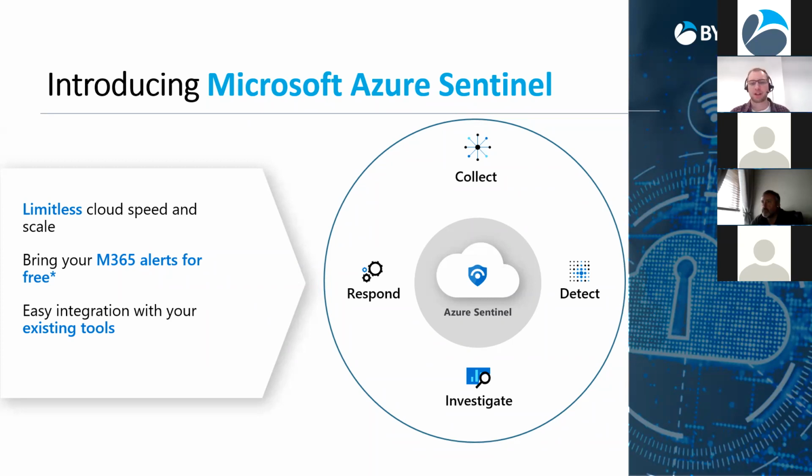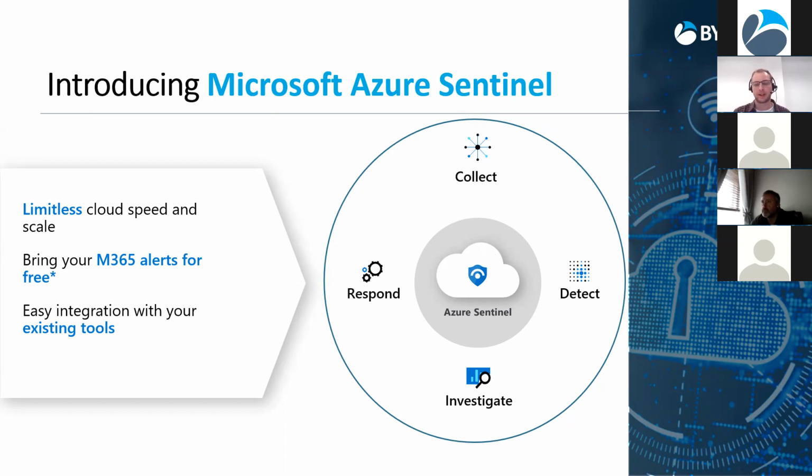The first objective is collecting data. Once we've collected that data, let's run a number of analytical rules to start detecting any suspicious activity within our environment. Once we start detecting that suspicious activity, we can then start investigating. Investigating is the interesting one, because we've connected our SIEM tool to loads of different data sources.